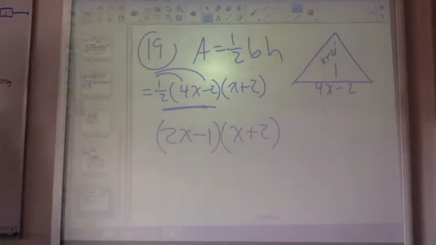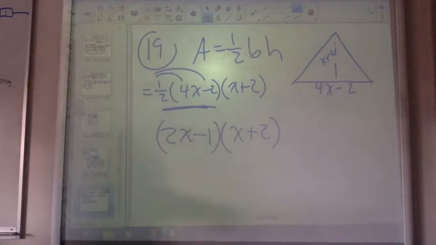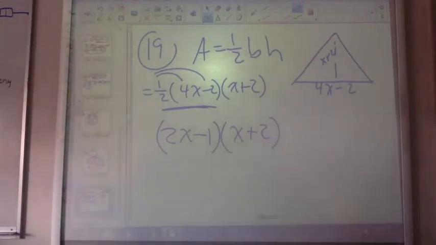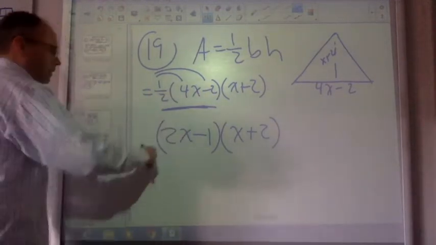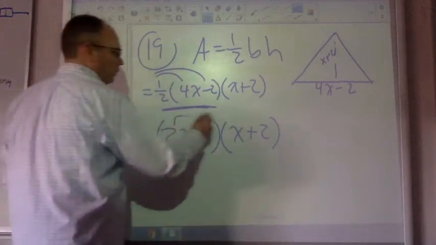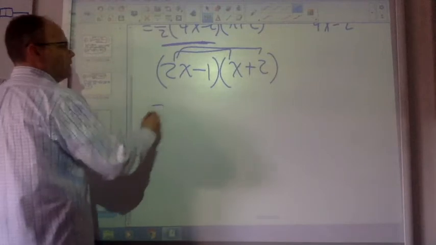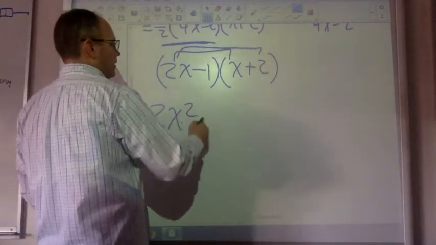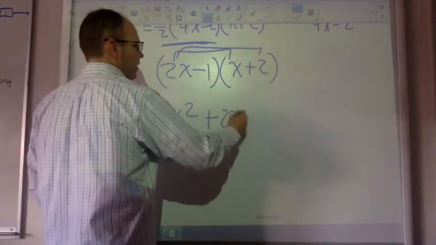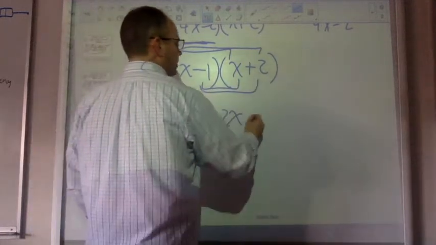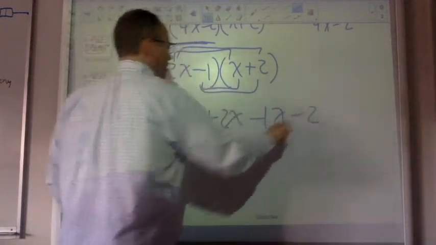Does that make sense? I don't have to go to the third thing because think about it. If you're multiplying three numbers together, like 3 times 4 times 5, you don't go 3 times 4 and 3 times 5, do you? No, you just multiply in order. So that's all I did, I just multiplied half times whatever this was. That gave me the 2x minus 1. Then I have a double distribution. That's going to give me 2x squared plus 2x minus 1x minus 2.